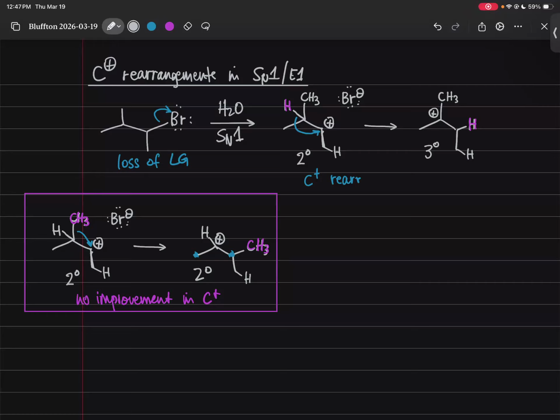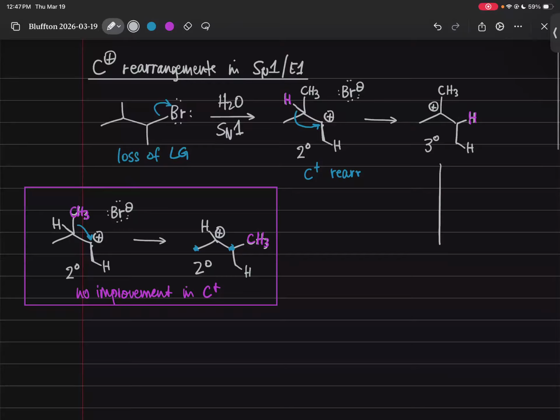Okay, so we've rearranged, and now we have a tertiary carbocation. We've done our loss of the leaving group, that's how we generate the carbocation, and then the next step is nucleophilic attack.